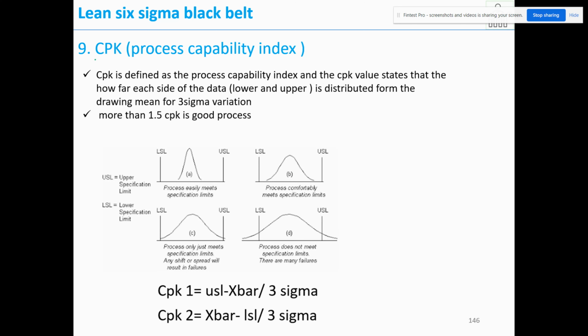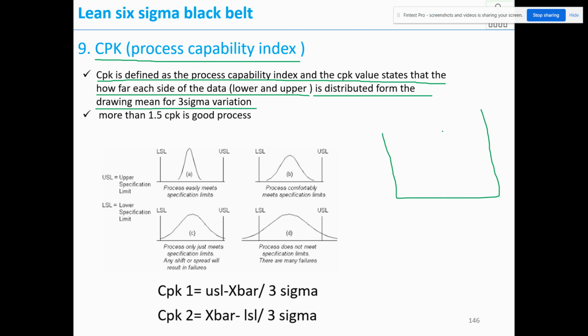Now let us go for CPK. CPK is nothing but process capability index. CPK is defined as the process capability index, and the CPK value states how far each side of the data, lower and upper, is distributed from the drawing mean for 3 sigma variation.